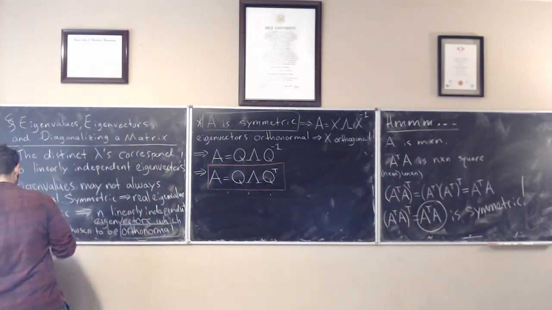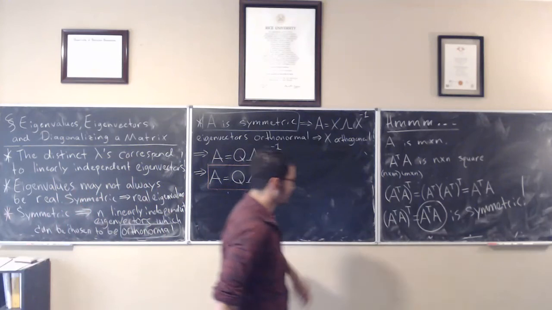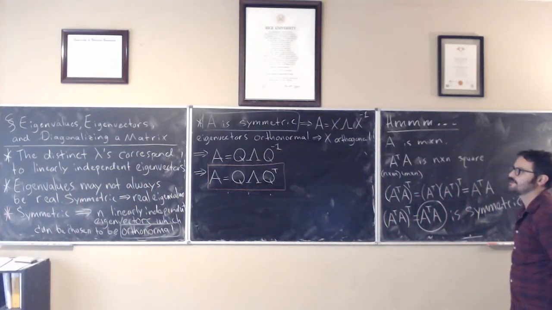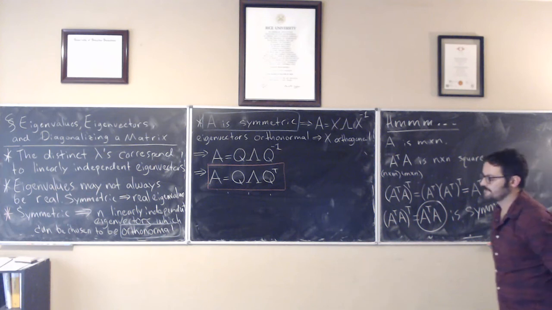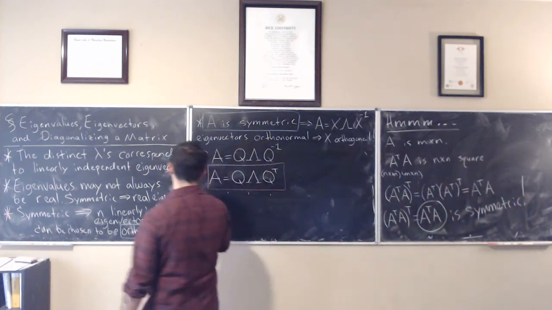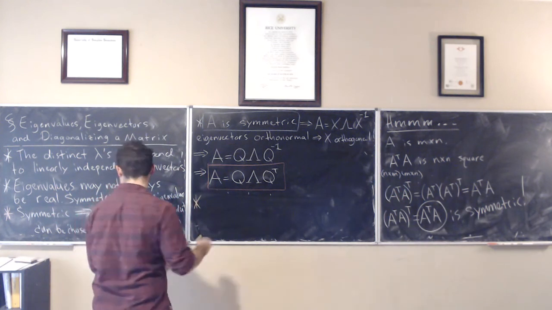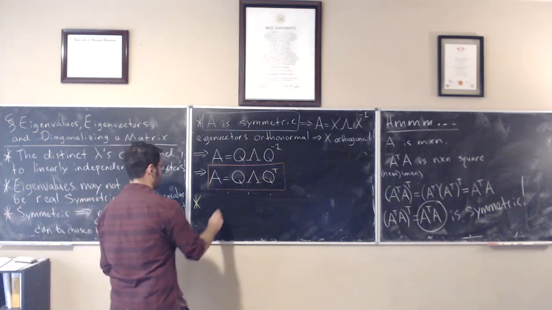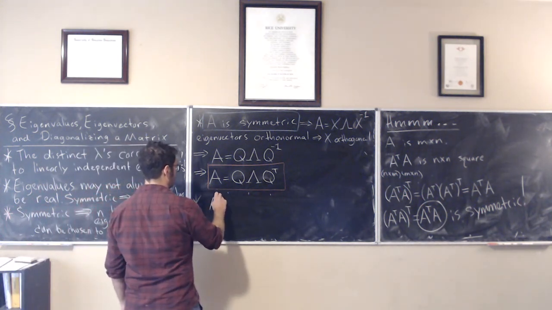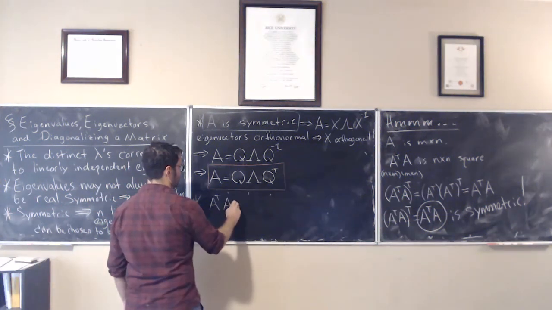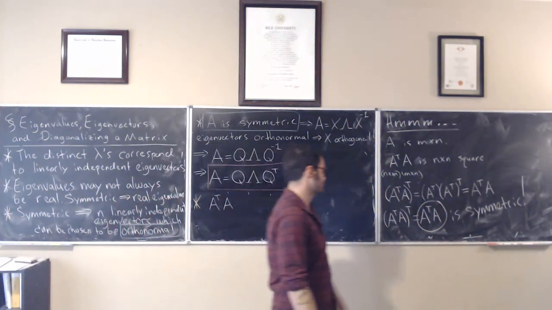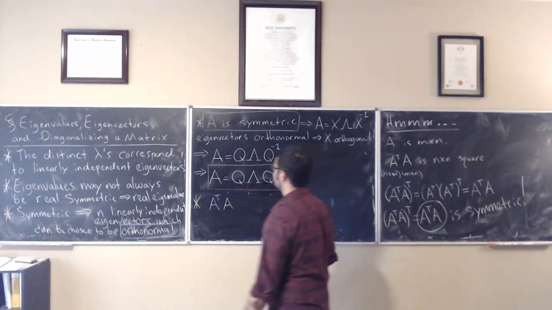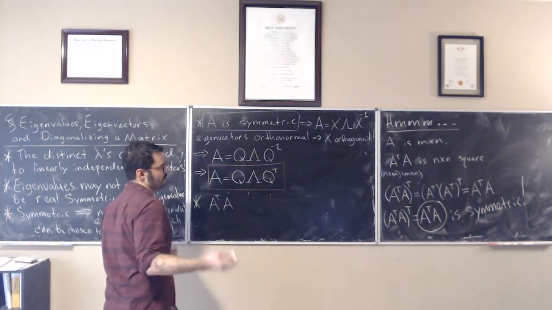And this is where we get to the big thing. The big thing. I wasn't expecting to get to it, but we did. A transpose times A. It's a square symmetric matrix.